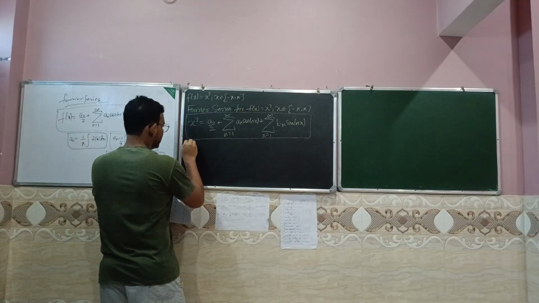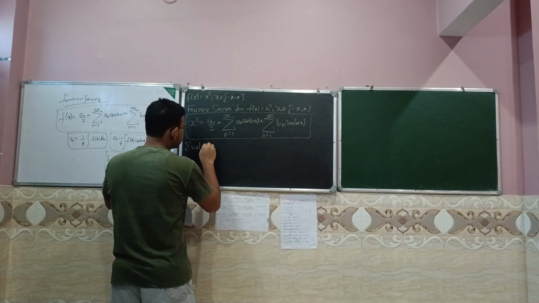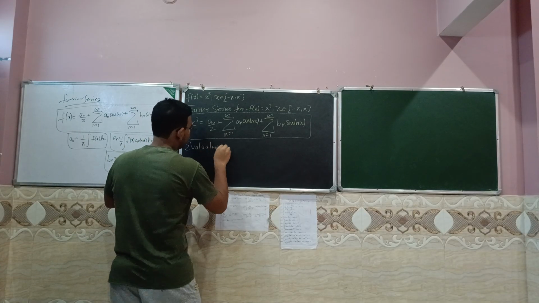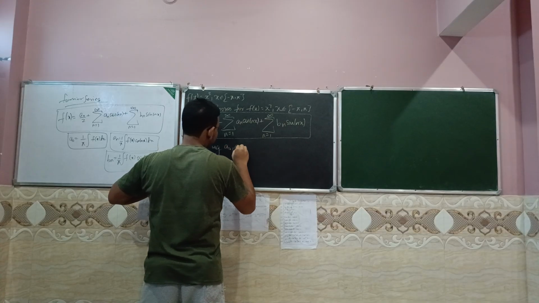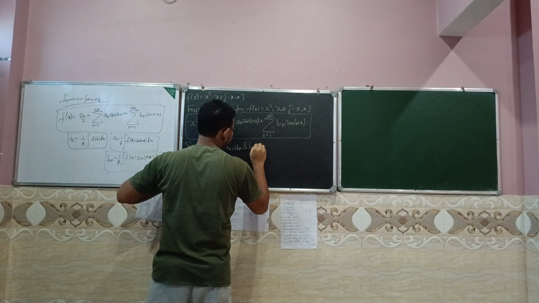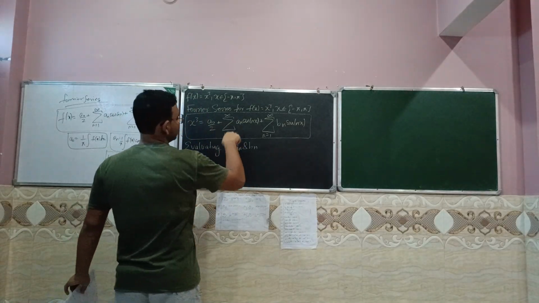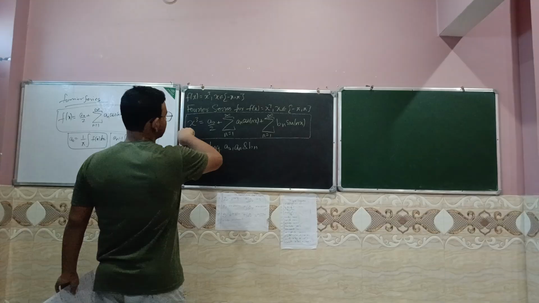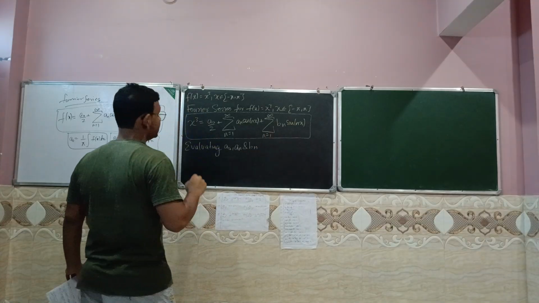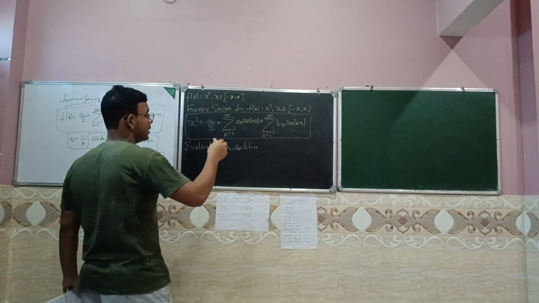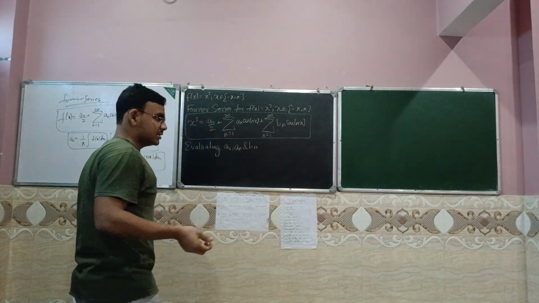Now, I'm trying to write as big as I can, evaluating a naught, a n, and b n, and then putting in their values. So this is represented in terms of a series.